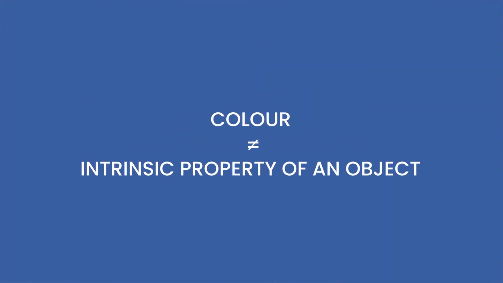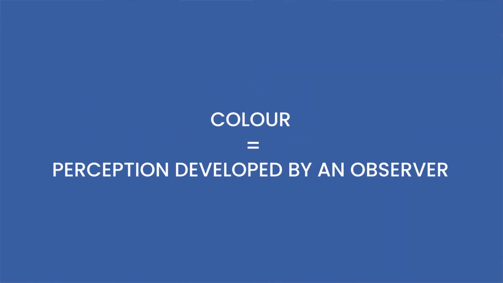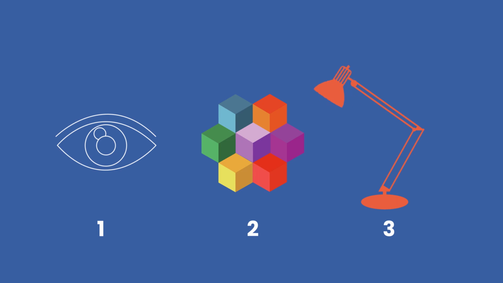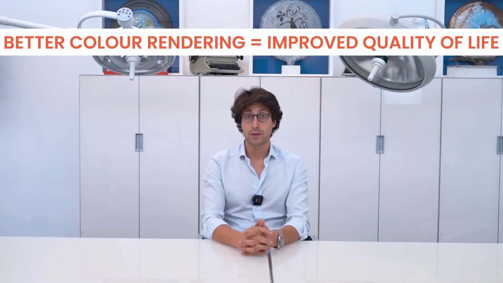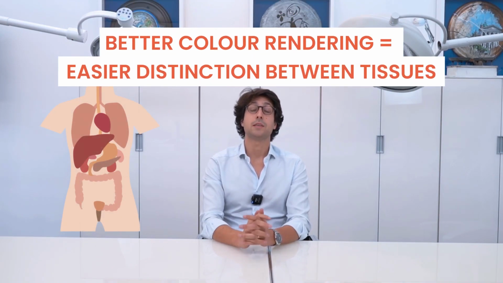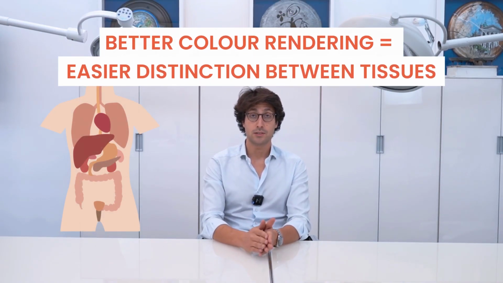Color is not an intrinsic property of an object, but is a visual perception developed by the observer and depends mainly on three aspects: the observer himself, the nearby objects, and the characteristics of light that illuminate this object. Therefore, light with high color rendering allows to improve the quality of life, as it might truly depict the colors of objects, and, with reference to its use in the operating room, allows to easily distinguish between the various tissues.